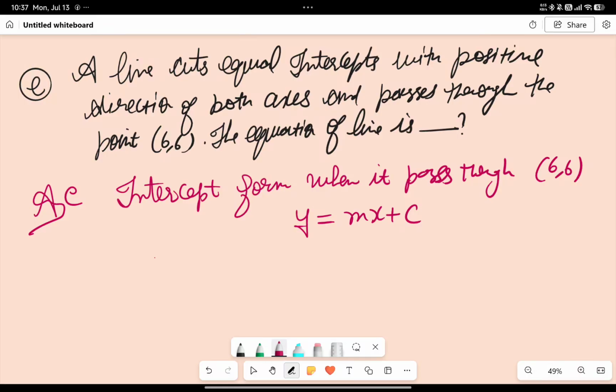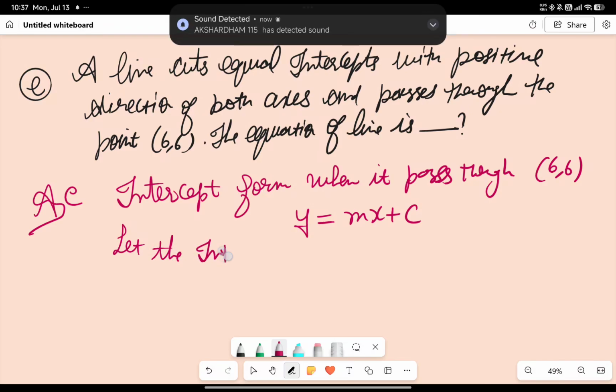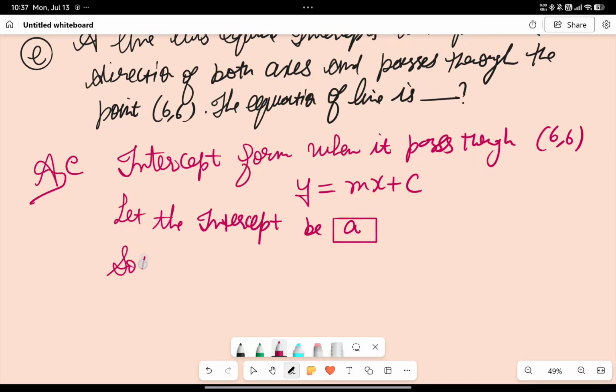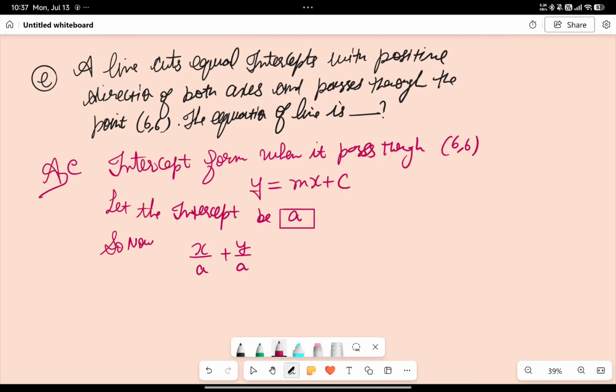Okay, let the intercept be a for y, and for x also it is a, suppose. Now using another form, x over a plus y over a, this is also the intercept form, equals 1.